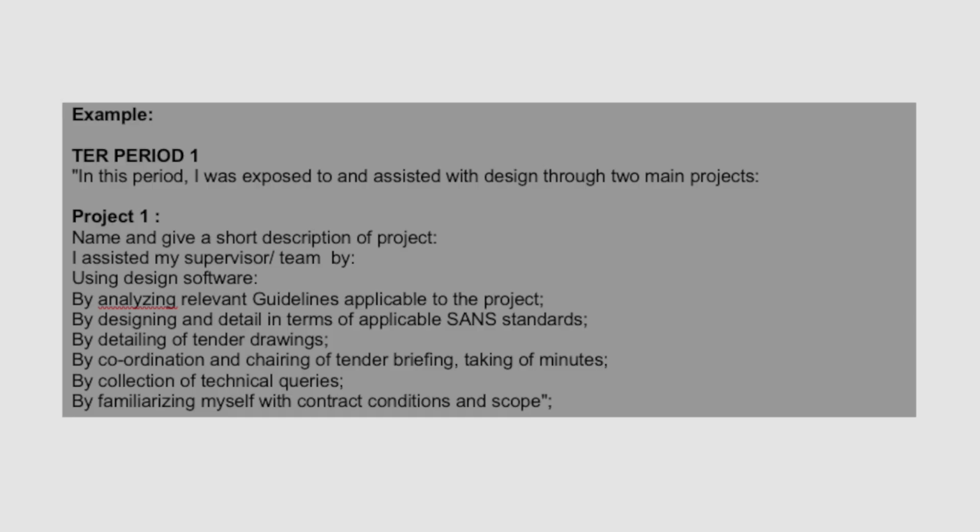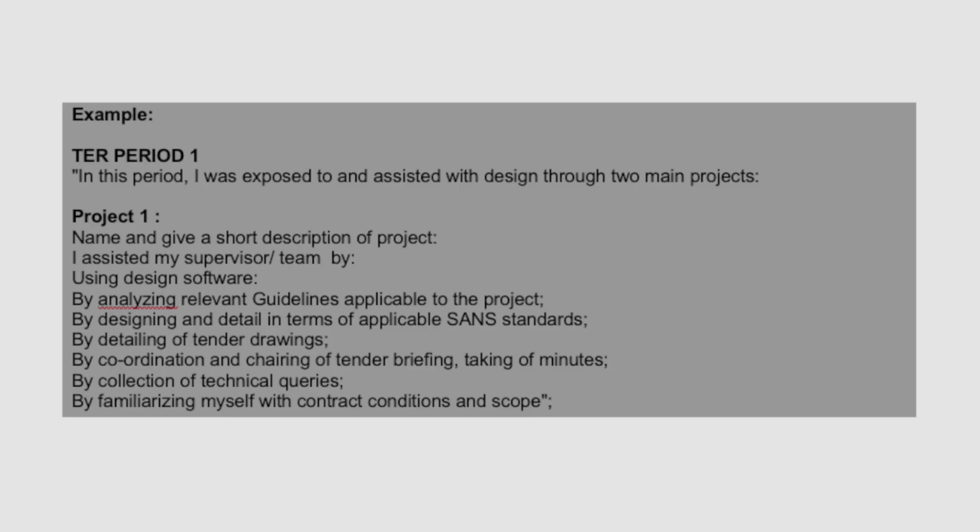Now, TER1, in this period, I was exposed to and assisted with design through 2 main projects. Now, remember, this is just after qualification. Instead of adding project 1 and project 2 together, you list project 1 first.